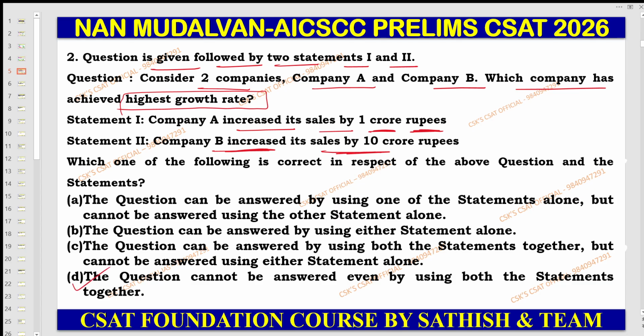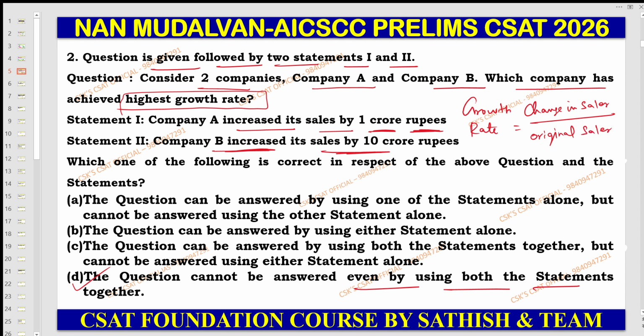The question can't be answered even using both the statements, because listen very carefully. The growth rate is nothing but the change in sale by the original sale. So you don't know the original sale first of all. Do you know the original sale here? No. The original sales price you are not knowing here.